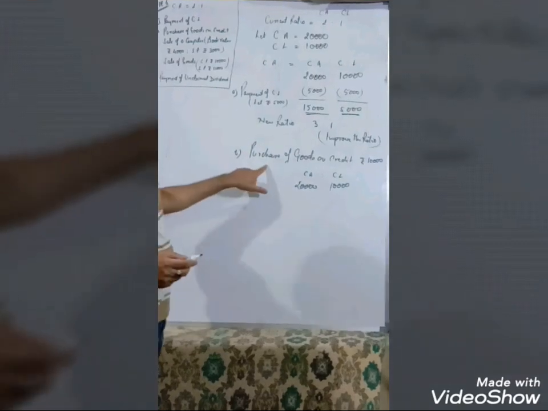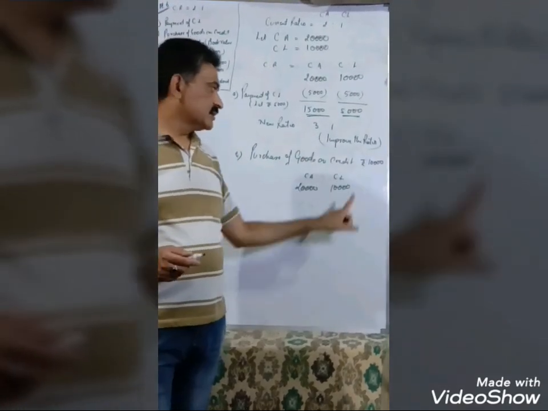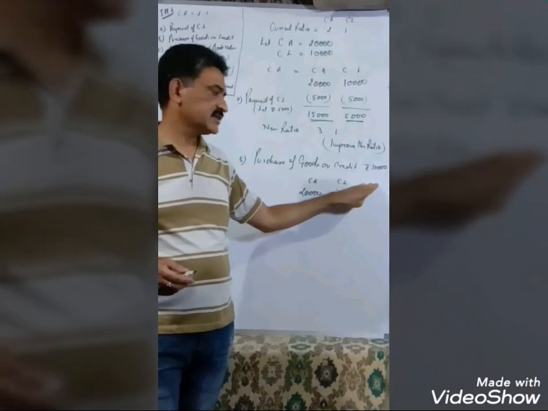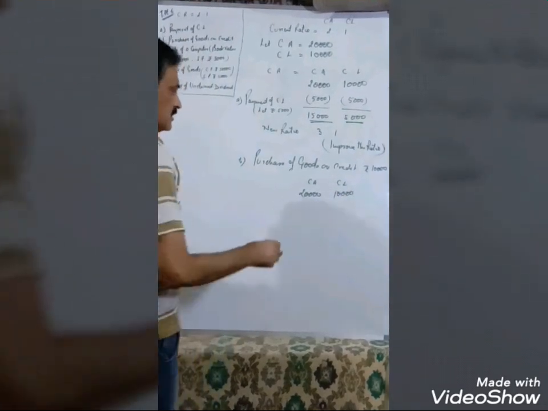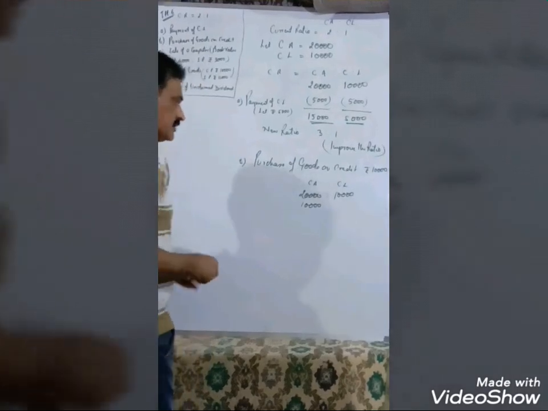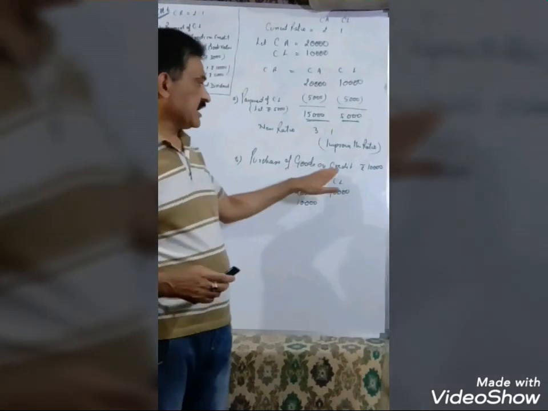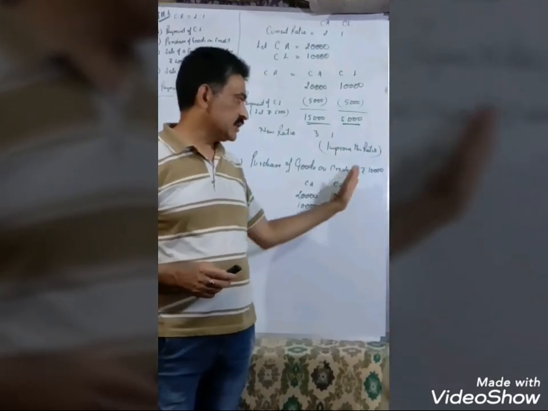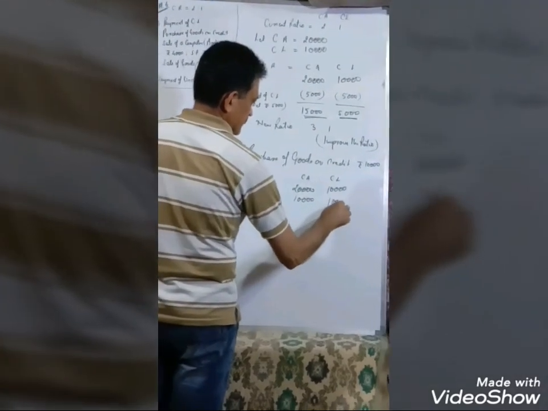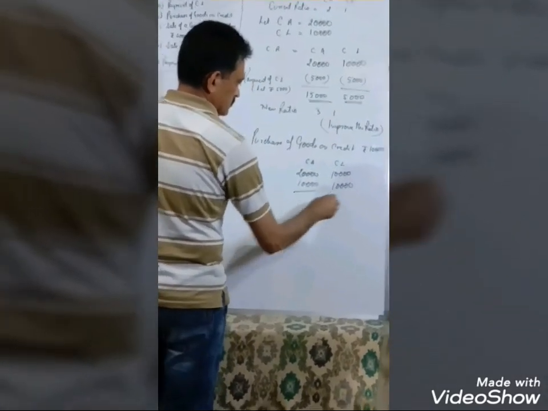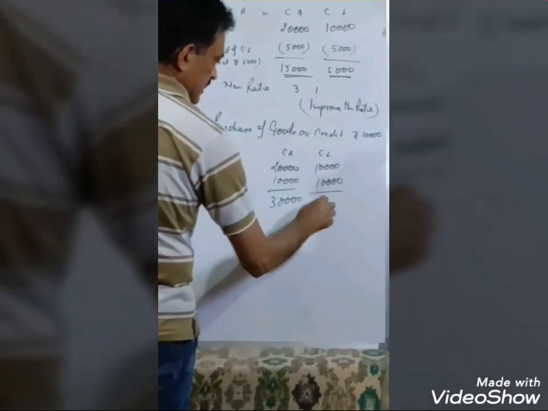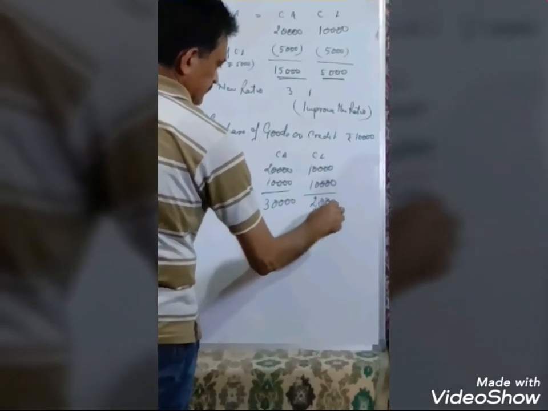Now, after the purchase of goods on credit, this purchase of goods will increase the inventory of the business, that is your current asset. So, current assets will increase by rupees 10,000. Now, goods are purchased on credit. This is a short-term credit, so this will also increase your current liability, 10,000. Now, this will be 30,000 and 20,000.